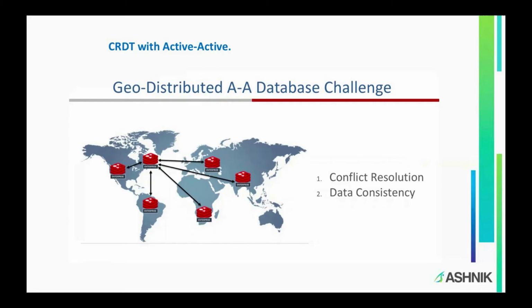Similarly, if you have a user in Singapore and your cloud provider deploys Redis in India, that also adds latency. So to solve that, you deploy Redis Enterprise in both geographies, so that users can access the data on their own local cloud provider.